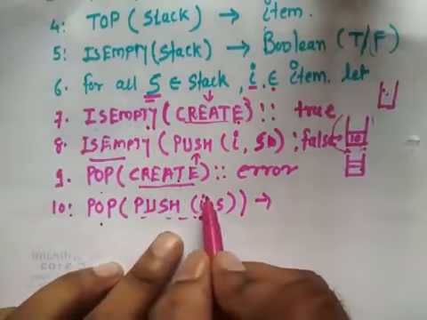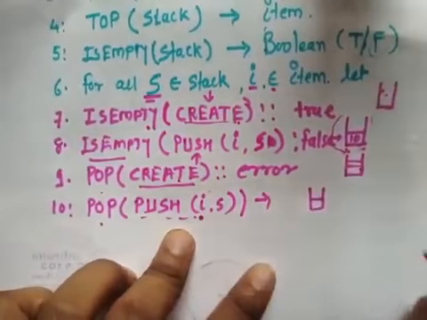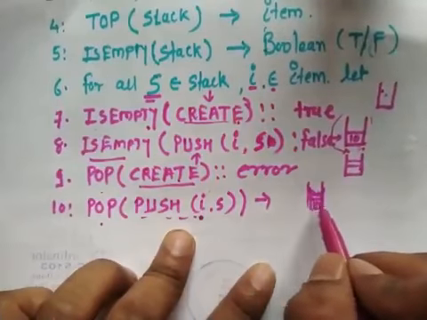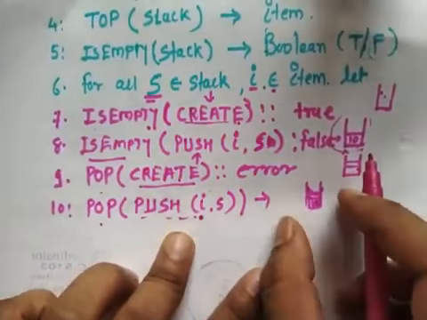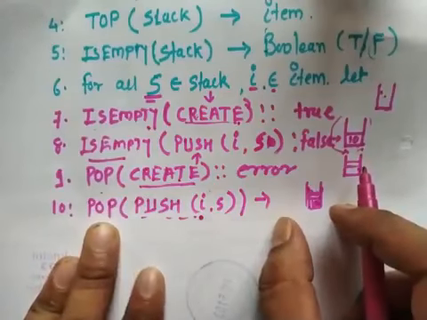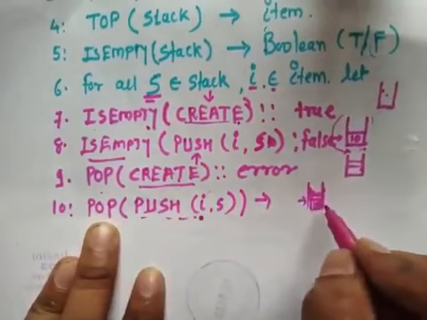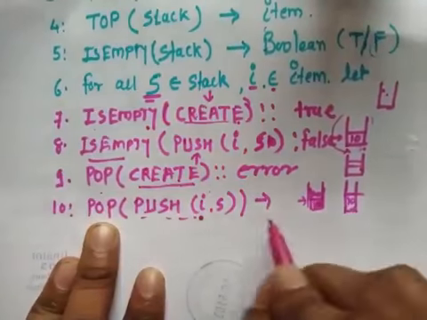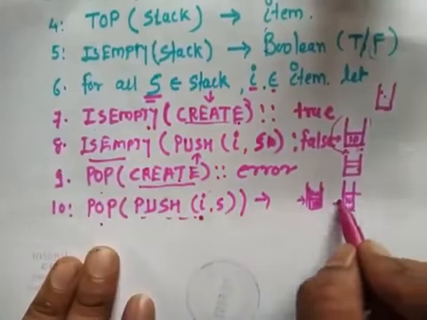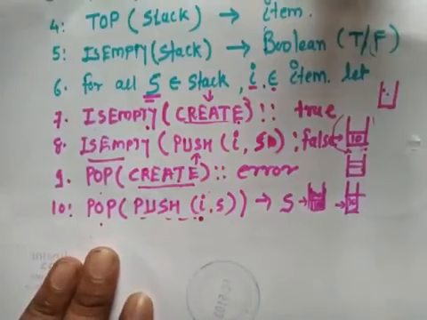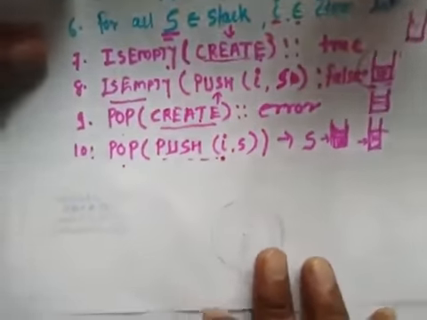This push operation pushes the item at the top of the stack. Suppose we insert 10 here, and this new updated stack is returned to the pop function. Now the pop function removes the top element, the element 10 we just pushed. So the pop removes this element again and returns the updated stack.